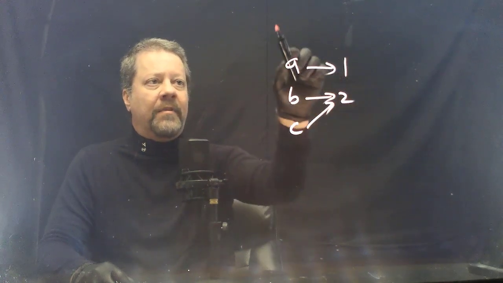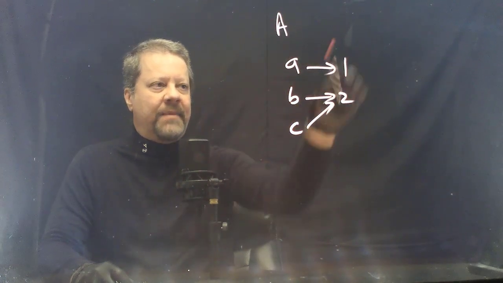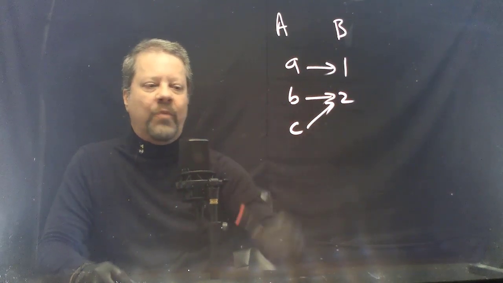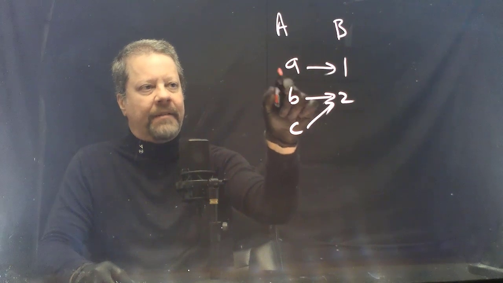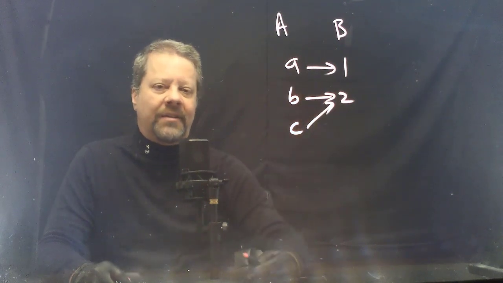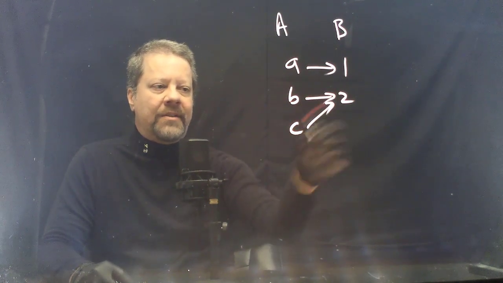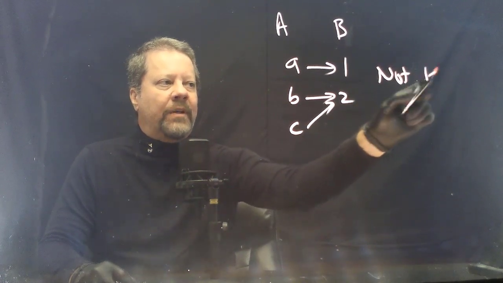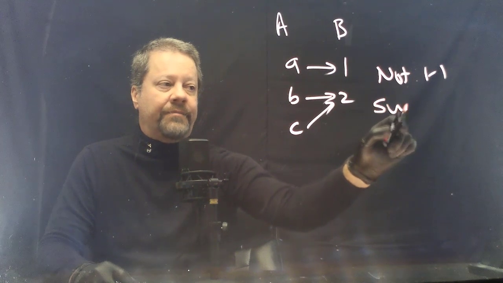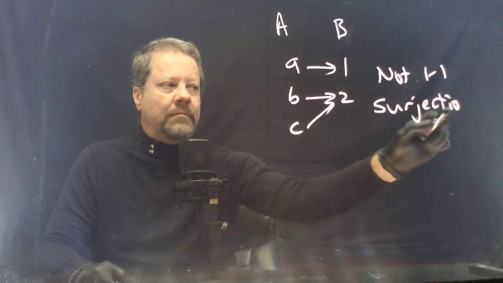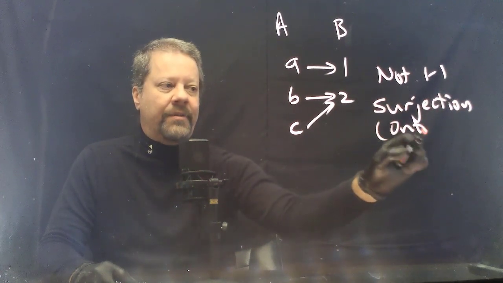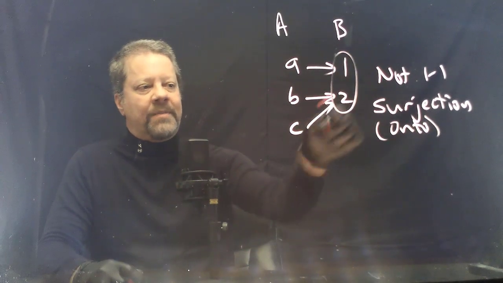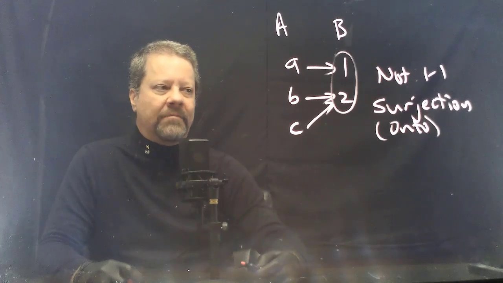If the domain is A, B, C and the range is 1, 2, this would represent f mapping A onto 1, B onto 2, and C onto 2. This is not 1 to 1, but it is a surjection, i.e. it's onto, because everything in the codomain was mapped onto by something from the domain.